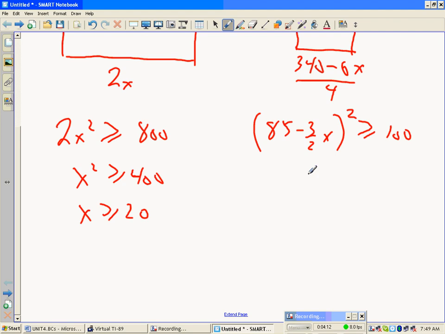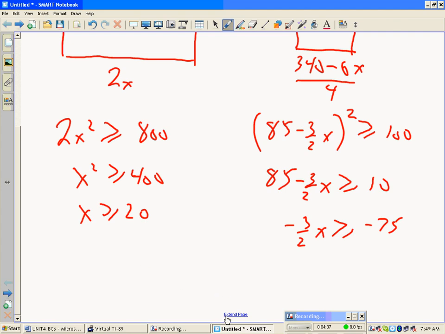Well, do the same thing. What do we do first here? Nah, too tough. It's already factored. Square root, sure. 85 minus 3/2 x is greater than or equal to 10. So, negative 3/2 x is greater than or equal to negative 75.